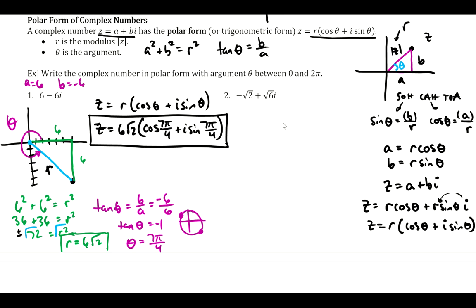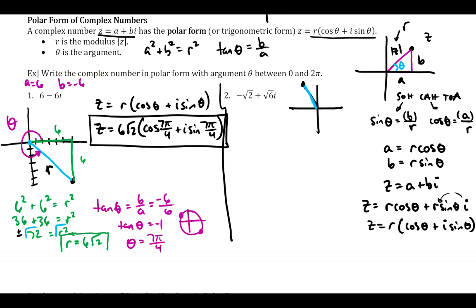Okay, so for number 2, I might have squeezed too much room out of there. Either way, again, I'm going to quickly sketch it. Let's put the sketch right here. All right, so I've got negative radical 2 and then plus radical 6. So radical 2 to the left and then up radical 6 is probably somewhere about there. And let me color code.